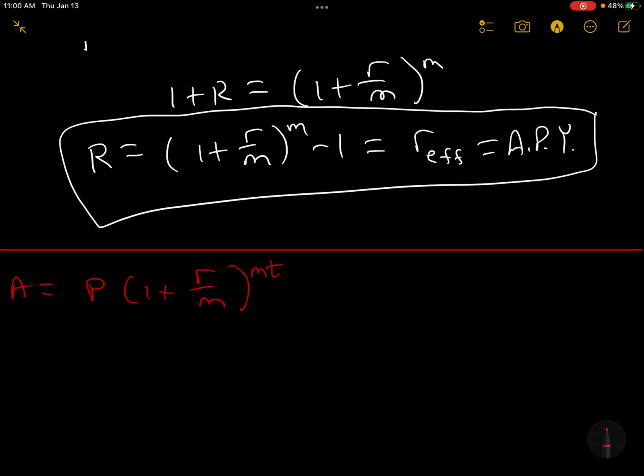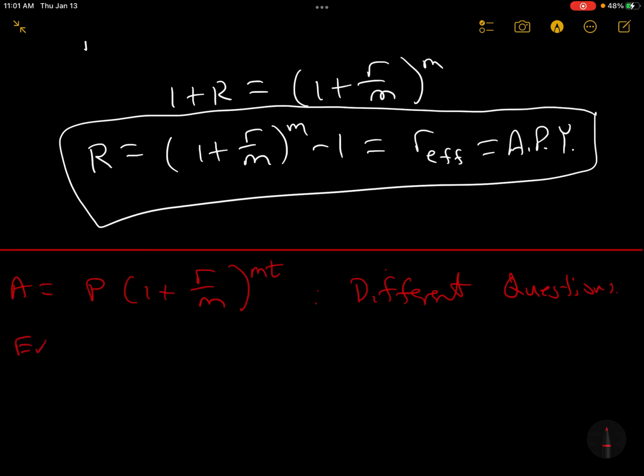So that basically means different questions here. The most basic question is I give you a P, an r, an m, and a T, solve for A. All right, plug and chug. But what are some of the other questions you could ask? Like the big question is how much to invest so that after a certain amount of time, I have a certain amount of accumulated money.